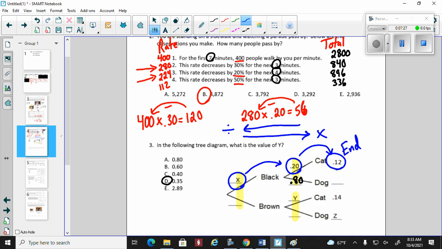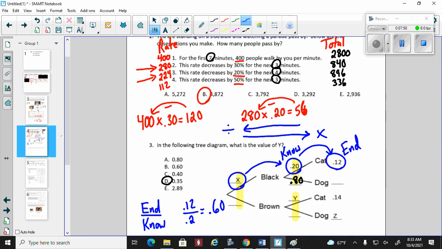This is what you know. We're trying to get what I don't know, which is x. So very simply, I'm going to take the end number and divide it by what I know. The end number is 0.12 divided by 0.2 gives me 0.6, or 60.